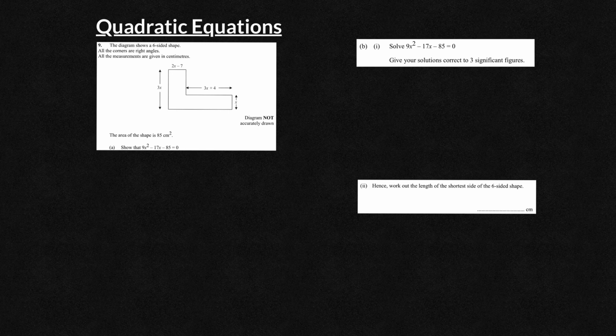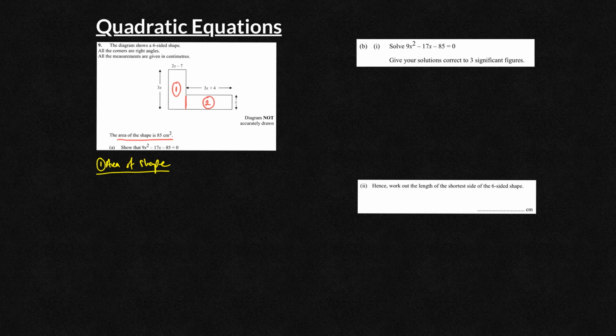So the first clue that we've got is it says that the area of the shape is 85 centimeters squared. So it indicates that we're going to need to find the area of the shape. Now what we can do is split this up. I'm going to split it here. I'm going to call this shape 1 and shape 2.